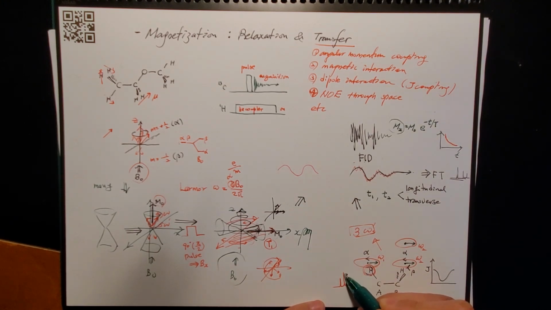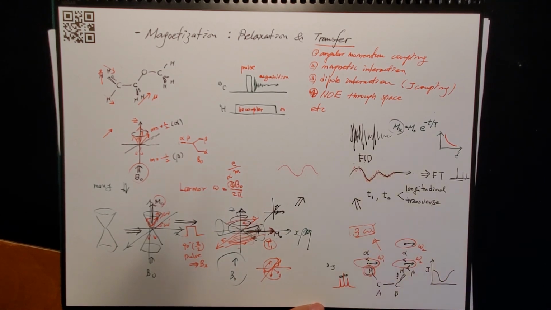And that is measured over here between the two lines, each as a J3, because the coupling happened through 1, 2, 3 bonds.